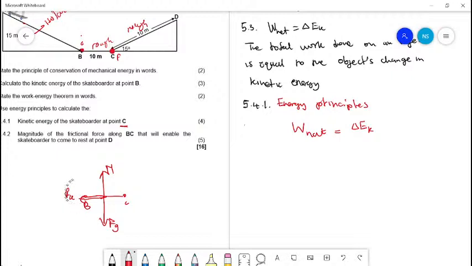And then this means that W net from point B to point C will be given by Fk only, because normal force won't do work and Fg won't do work. The reason they are not doing work is because these forces are perpendicular to the motion.